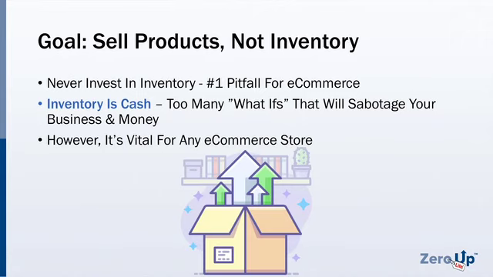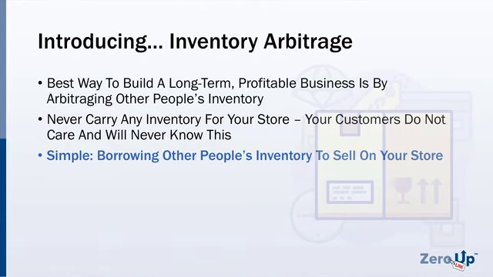However, having products is very vital for any e-commerce store because obviously your store is selling a physical product. You need products to sell. So how you find products to sell is simply using inventory arbitrage. It's the best way to build a long-term profitable business by using other people's inventory.